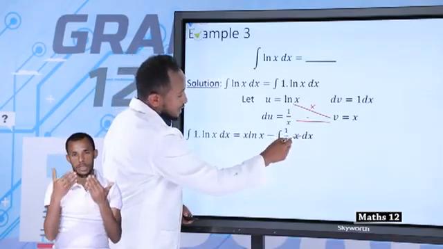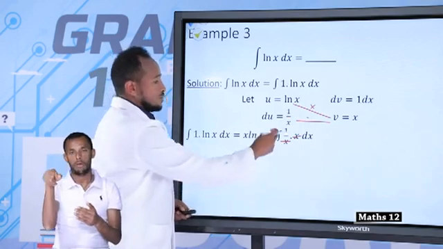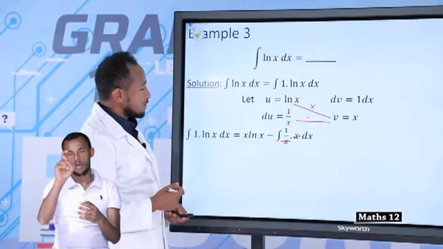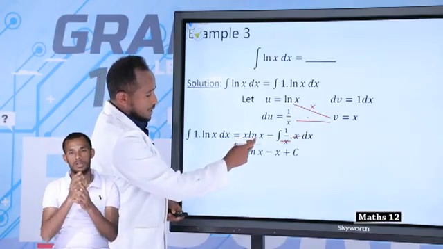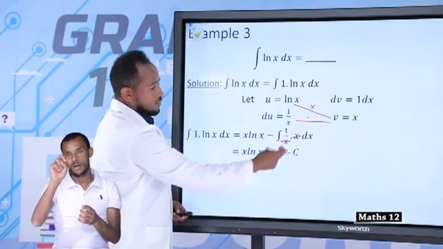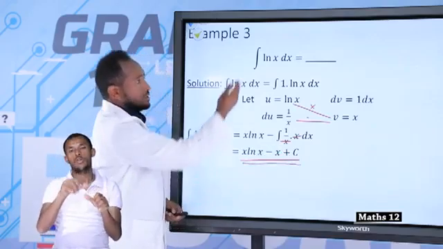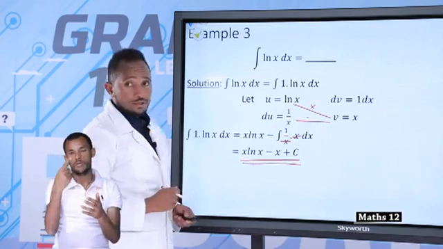You can cancel x by x, and you have 1 here. The integral of 1 dx is x. Therefore, the answer is x ln x minus x plus some constant c. So this is the integration of ln x dx.